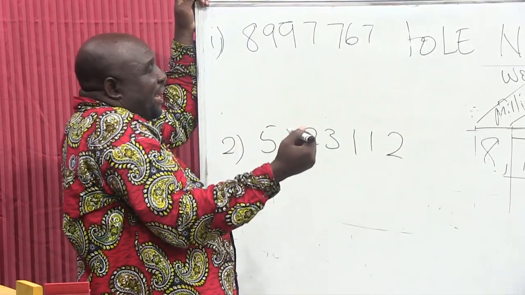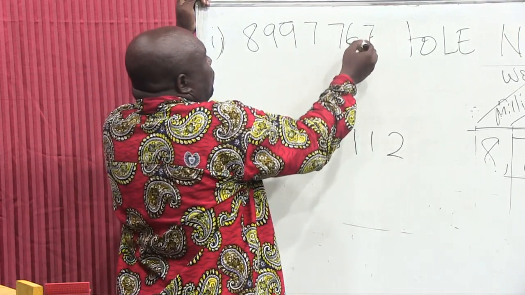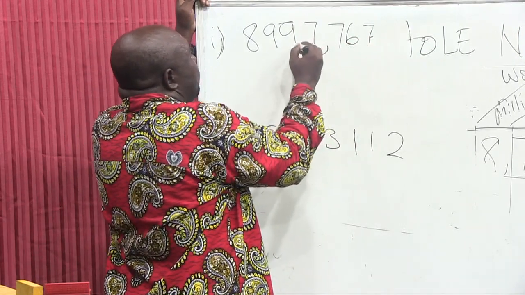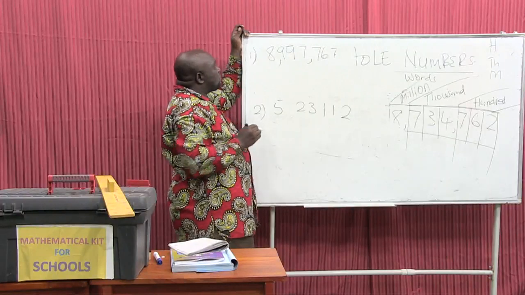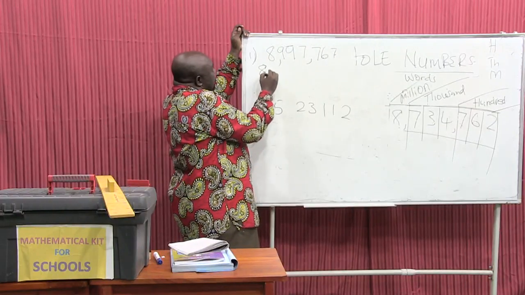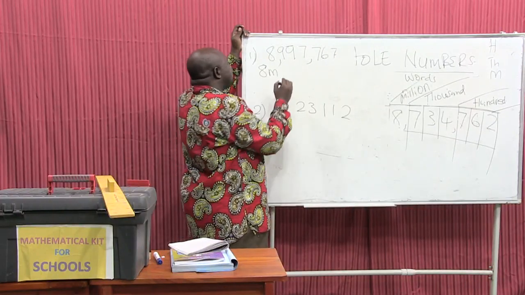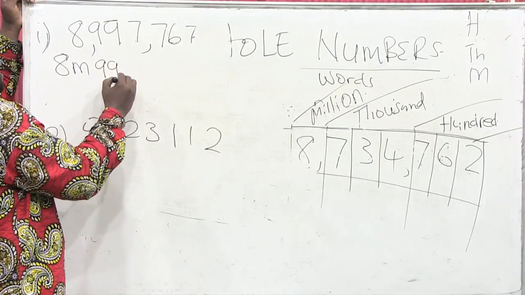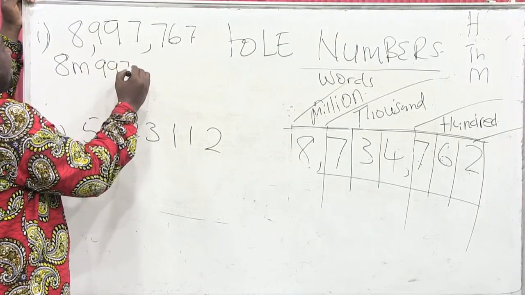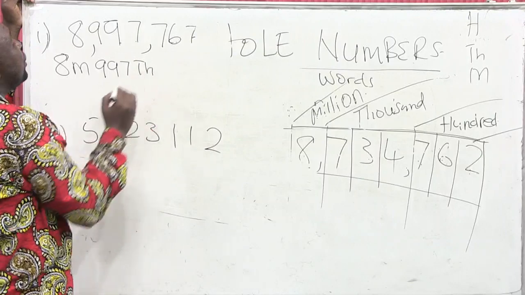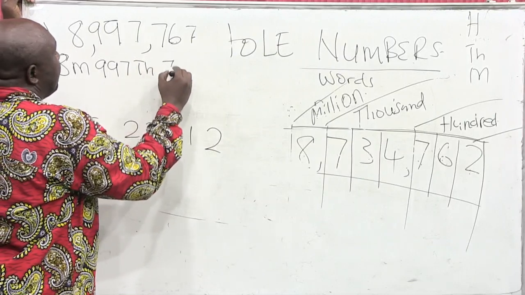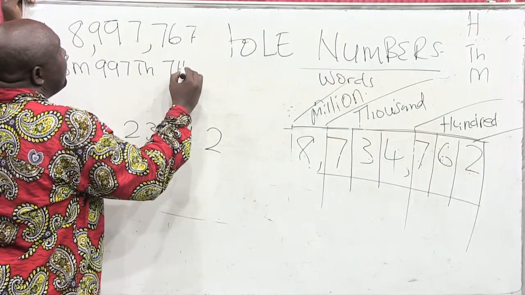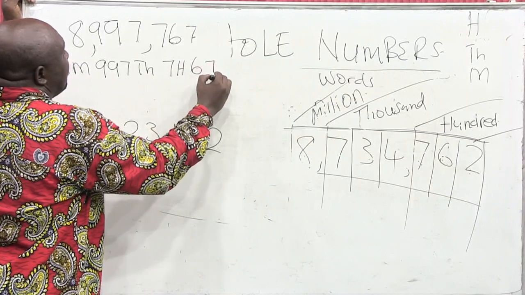Let's go together. 1, 2, 3. 1, 2, 3. So 8 M 9 9 7 TH 7 H 6 7.